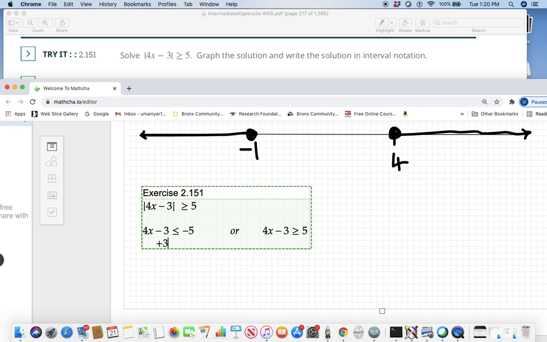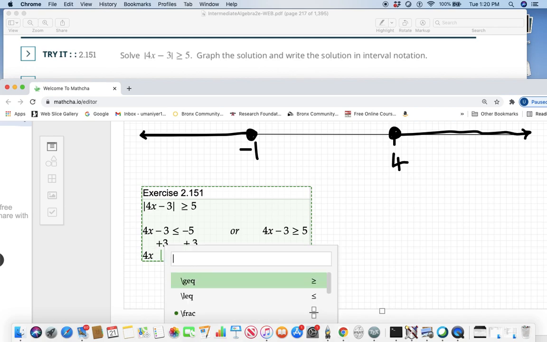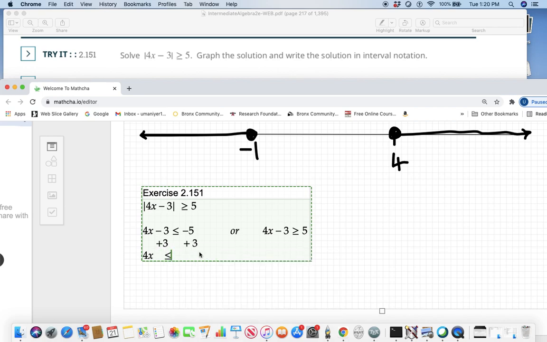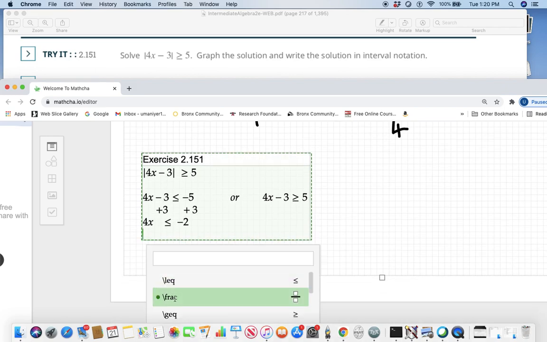Now you have two inequalities. Solve for x. Add 3, add 3. These two cancel. You are left with 4x less equals negative 5 plus 3 is negative 2. Divide both sides by 4.